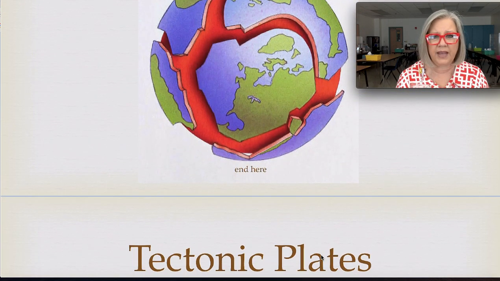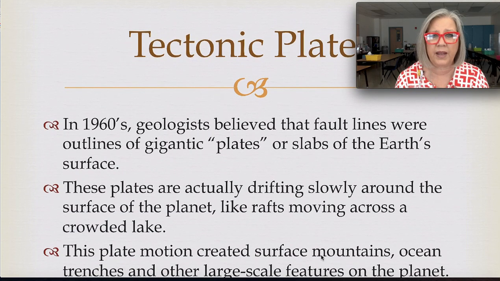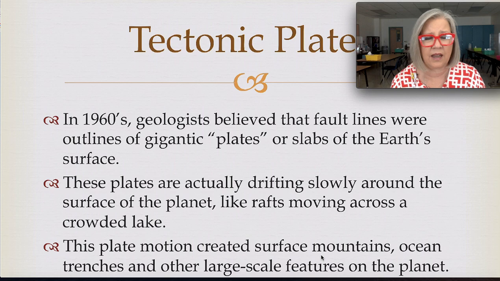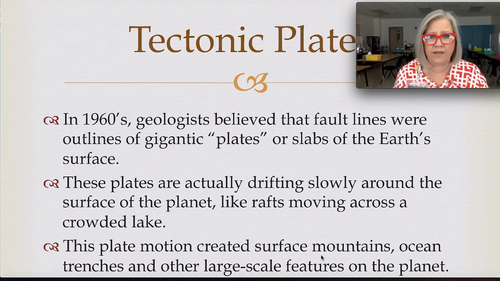So, our tectonic plates. The theory of tectonic plates began in the 1960s, and what it says is that there are giant slabs or plates of Earth's lithosphere that move around, bump into each other, and drift away from each other.